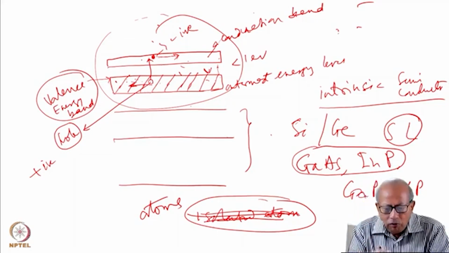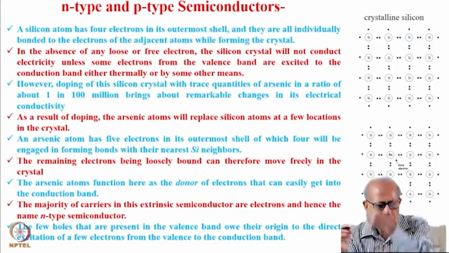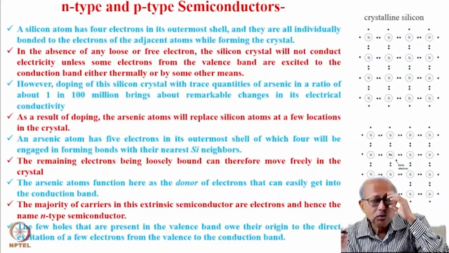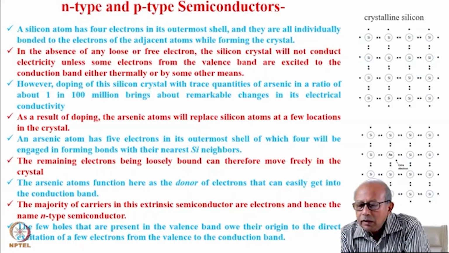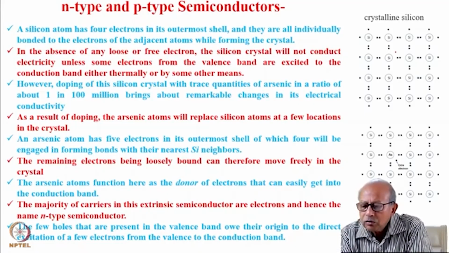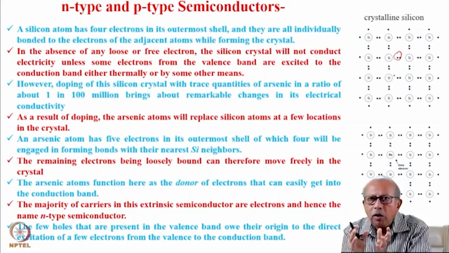For example, I show you silicon, which is one of the most popular semiconductors. Silicon has 4 electrons in its outermost shell, and therefore when crystalline silicon is formed, each silicon's 4 electrons are bonded with the electrons provided by the neighboring silicon, and therefore they are all bound.